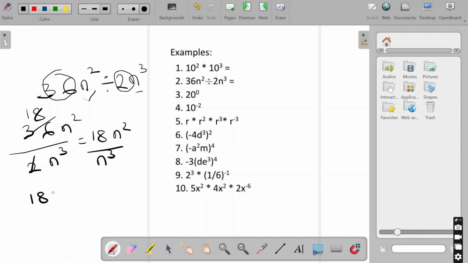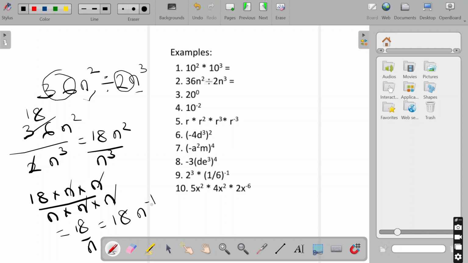This also means 18 times n times n over n times n times n, meaning n in 3 places and n in 2 places. So this n cancels this n, cancels this n, and we are left with 18 over n, which is the same thing as 18n raised to power minus 1.